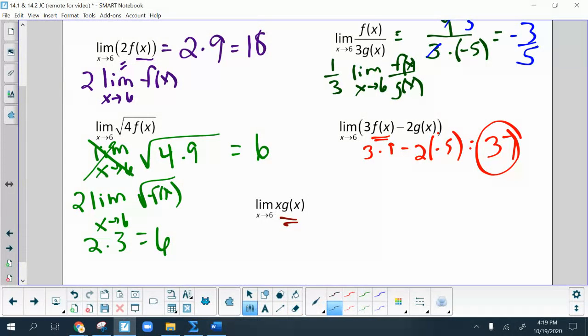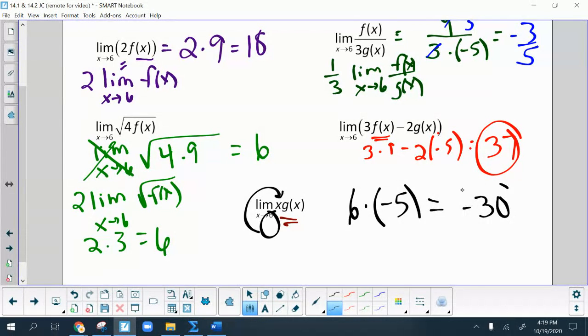We're going to substitute negative 5 into the limit for the g of x part. And then we're going to substitute that 6 in for x. So we'll be doing 6 times negative 5. So remember when we were doing these on the first screen, anytime there was an x, I substituted this limit value in. So I'm putting a 6 there. But this is really saying what is the limit as x approaches 6 of g of x, which is the negative 5. So this gets replaced with negative 5. And the whole thing is equal to negative 30.